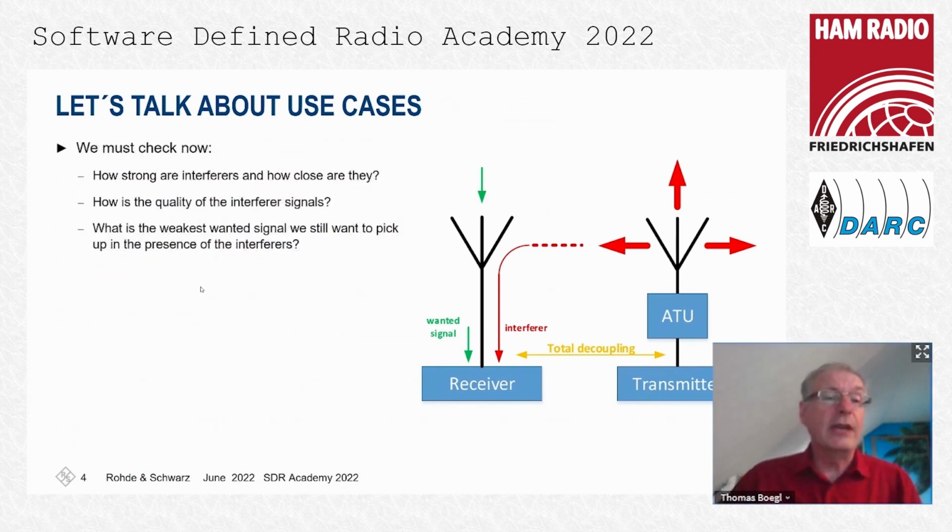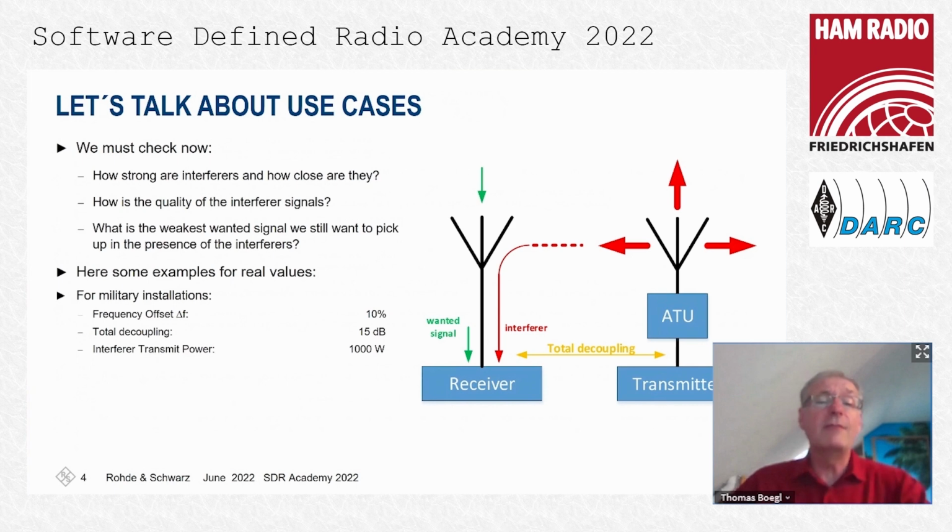So we go further with the question, how strong is the interference? And I have brought with me two examples, just to give you a rough order of magnitude of parameters we have to take into account. The first example is based on military scenarios, which we have, for instance, on Navy ships and also in coastal stations.